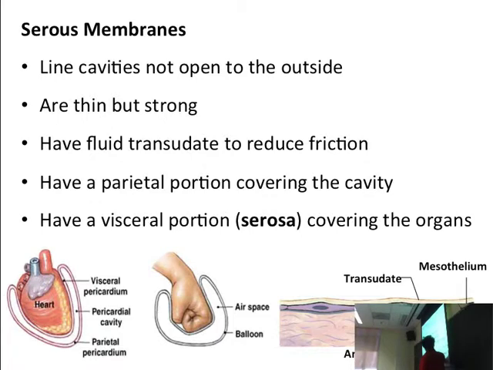This visceral portion is also called the serosa. So here would be the heart, and the visceral pericardium is the serosa of the heart. Here's the transudate. The transudate is that serous fluid that is being released, allowing very low friction, as for example, as the heart is beating inside of its cavity.